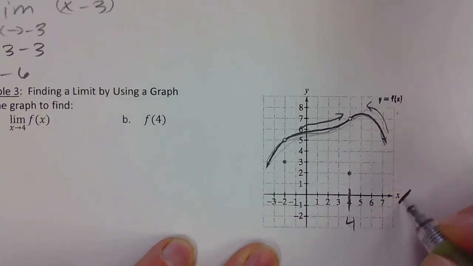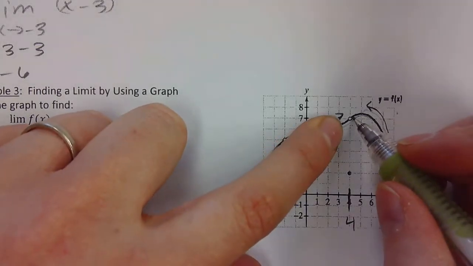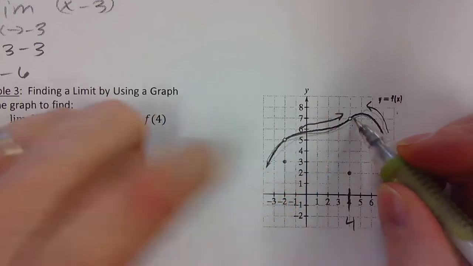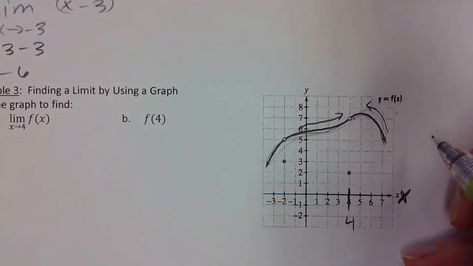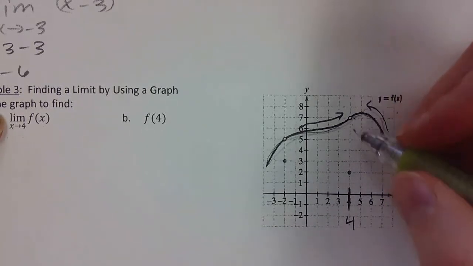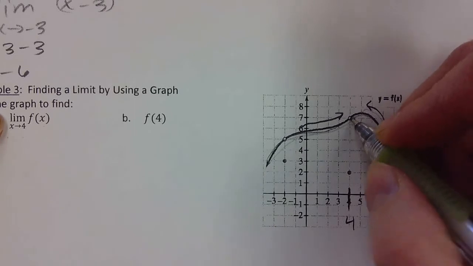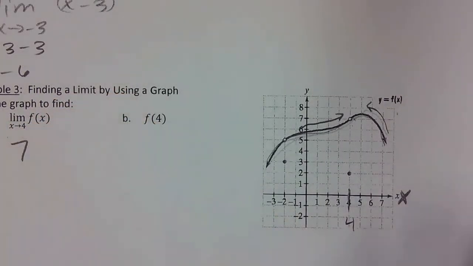This is 4 on my x-axis. So as I get closer and closer to x equaling 4, what number would make sense, would fill in that hole and be on that graph? When I'm looking for my limit, I'm really finding my y value. So let's see, it looks like y here would be 7. So my limit as x approaches 4 of f of x would be 7.